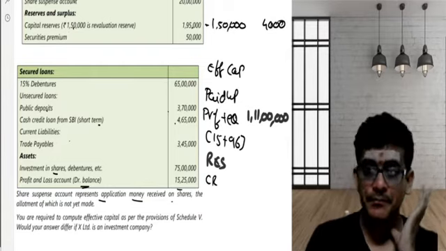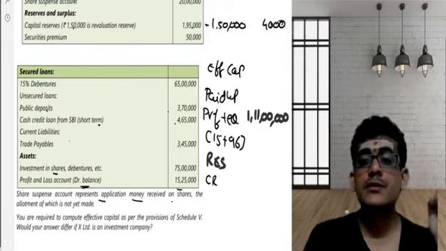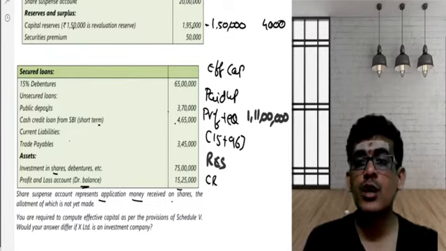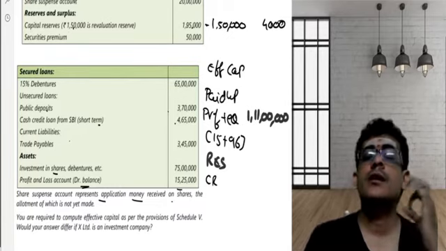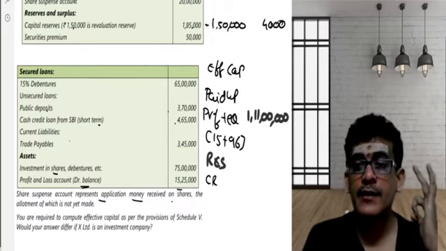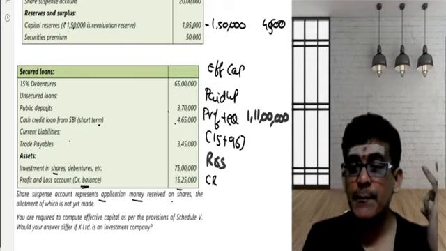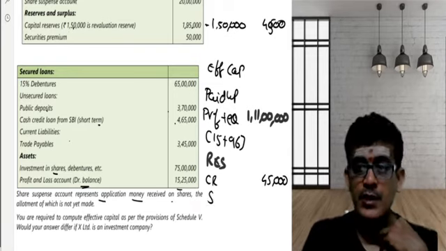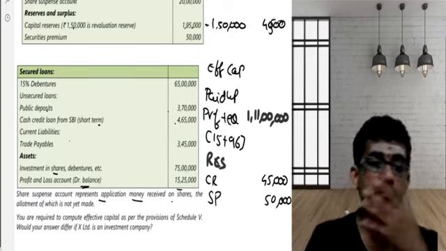One point we have discussed: you can take all the reserves and surplus, but the reserves and surplus should not include the revaluation reserve. The revaluation reserve is 1 lakh 50. 1 lakh 95,000 minus 1 lakh 50, you get 45. So capital reserve I can consider only 45,000. Securities premium, I can consider the extent of 50,000.